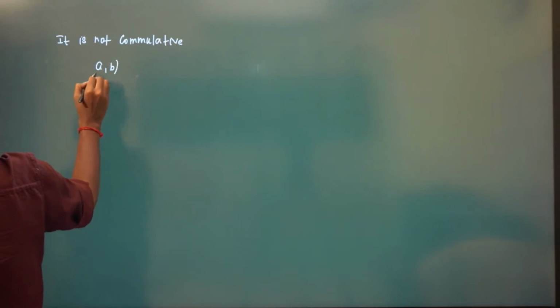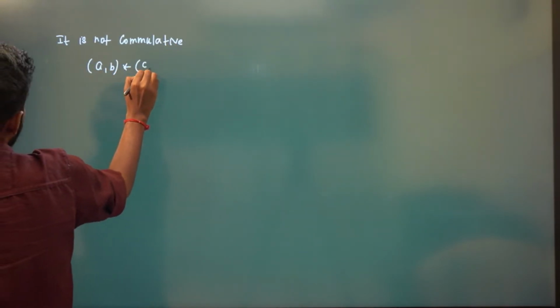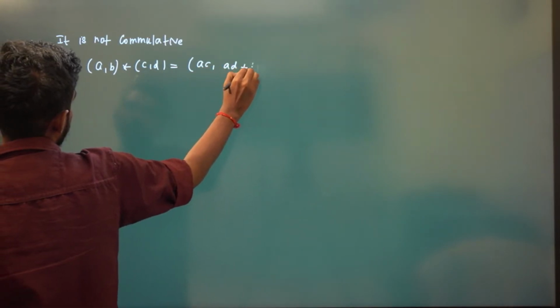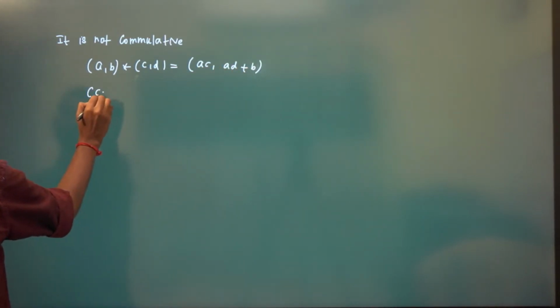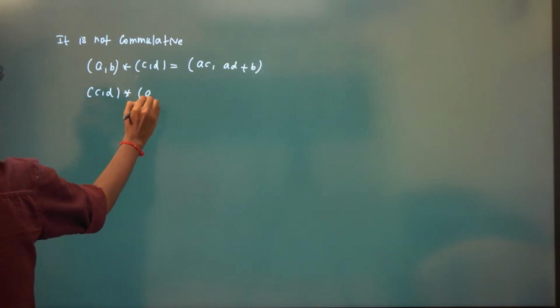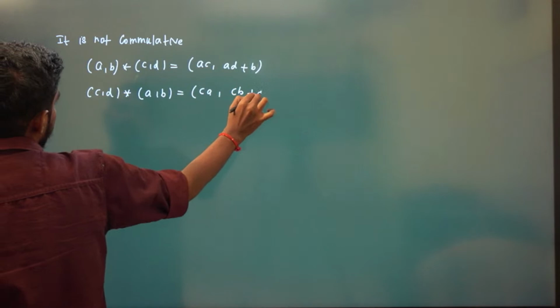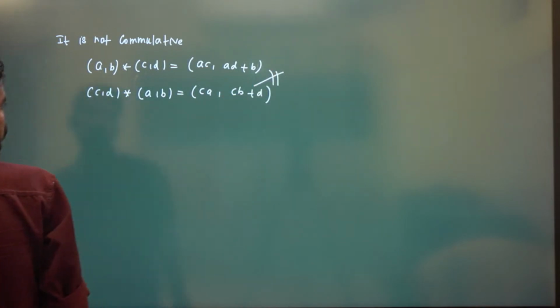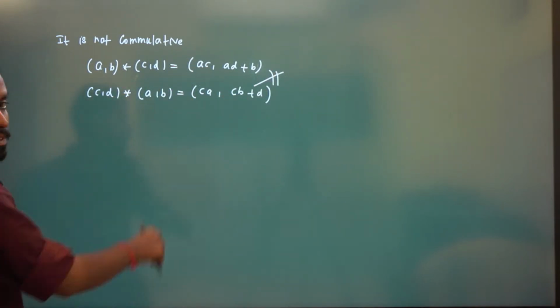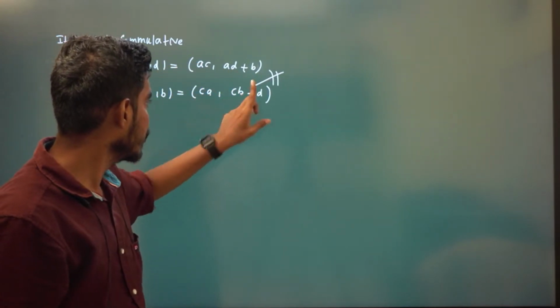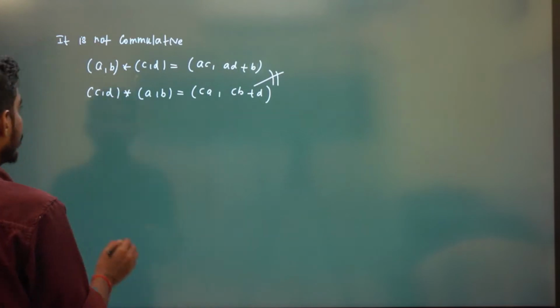See, (A, B) star (C, D) will give you (AC, AD plus B). But (C, D) star (A, B) will give you (CA, CB plus D). They are not equal. The first element is equal, but AD plus B is not the same as CB plus D. So it is not commutative.